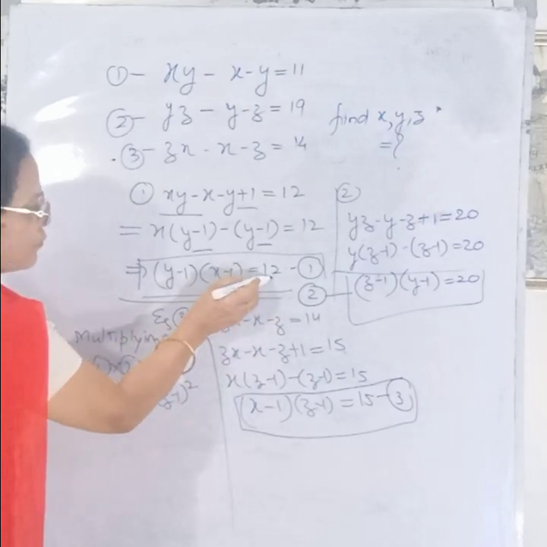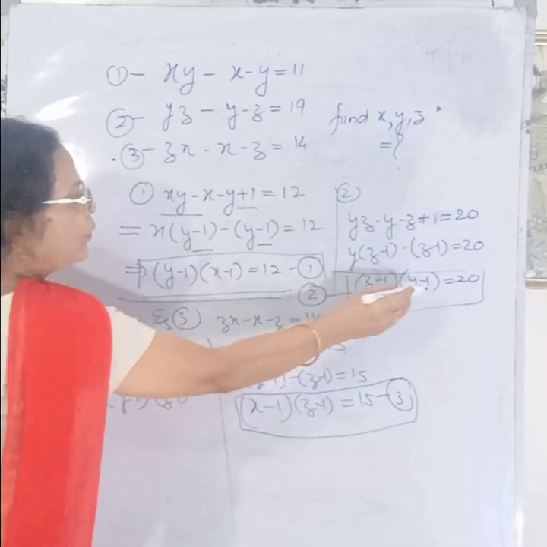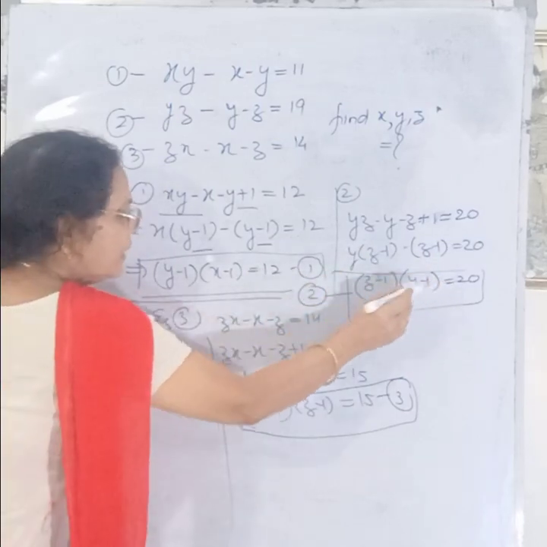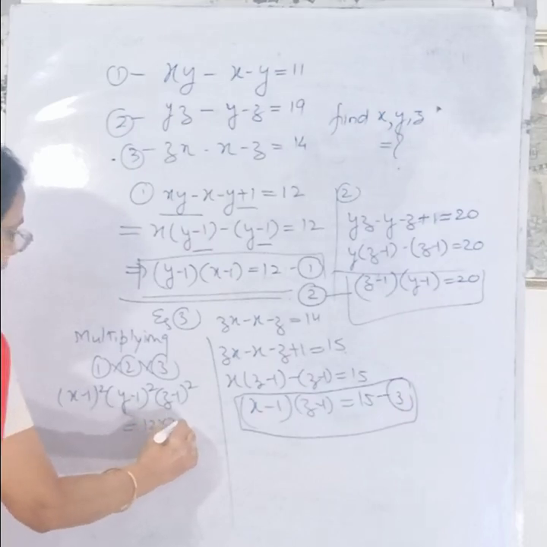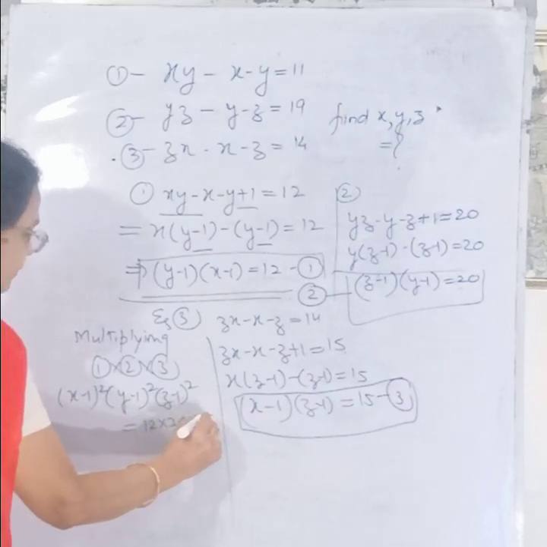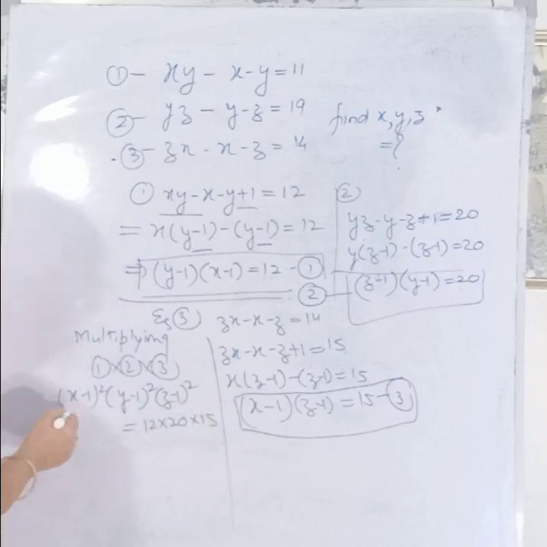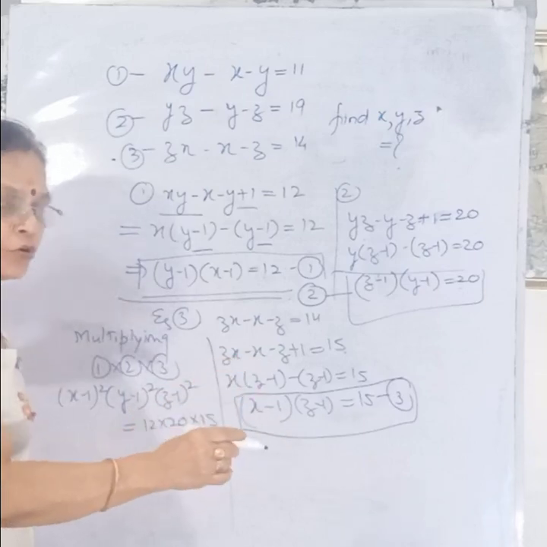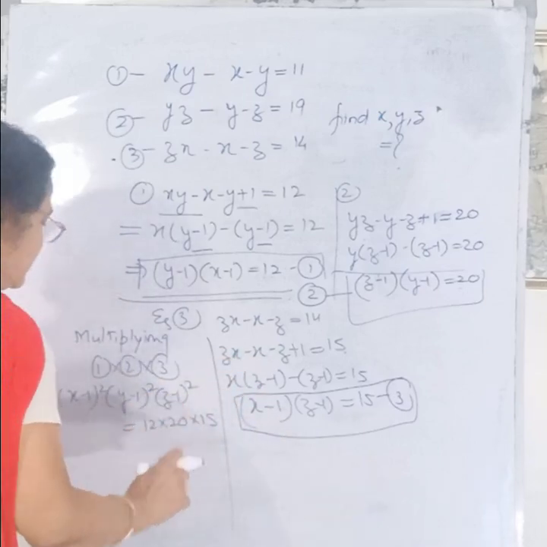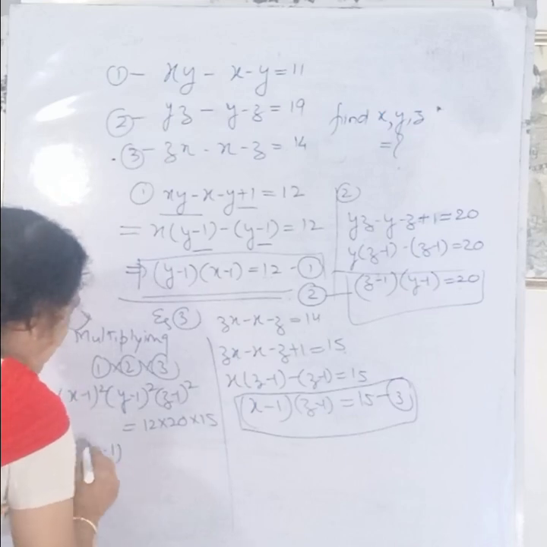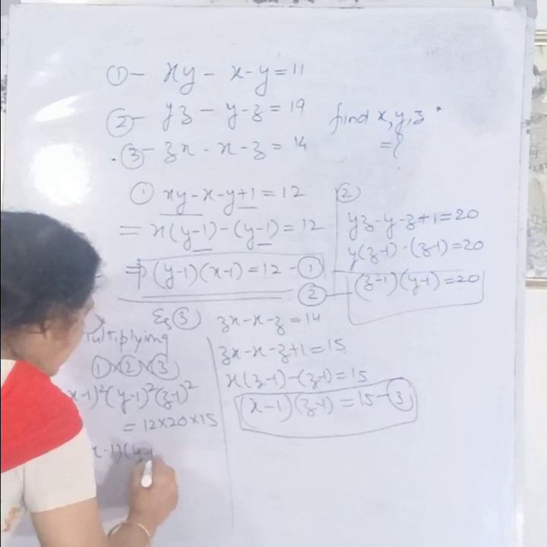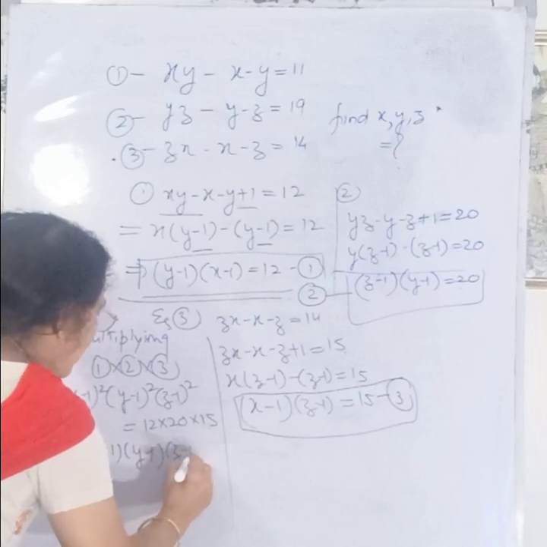This will be equal to the product 12 into 20 into 15. Now, because this is a square, we can take the root in order to find the product of these 3 terms, which will be equal to (x minus 1) into (y minus 1) into (z minus 1).